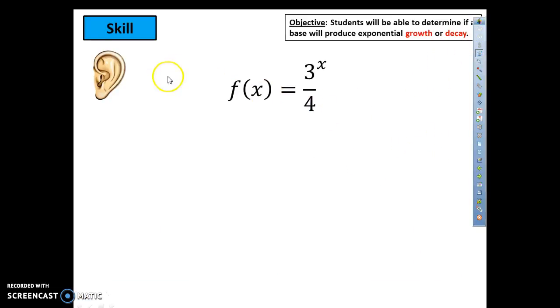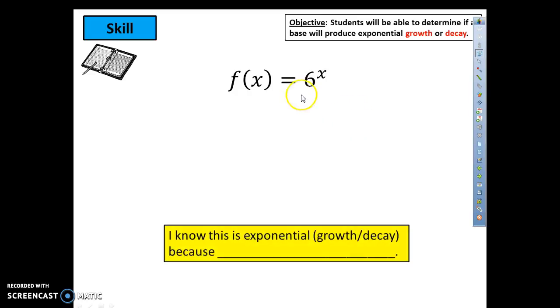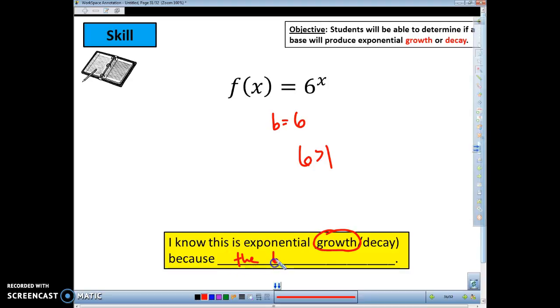So please write down this one in your notes. We have f of x equals 6 to the power of x. Well, my base value here, b, is equal to 6, and 6 is greater than 1. So therefore, I know this is exponential growth because the b value is greater than 1.